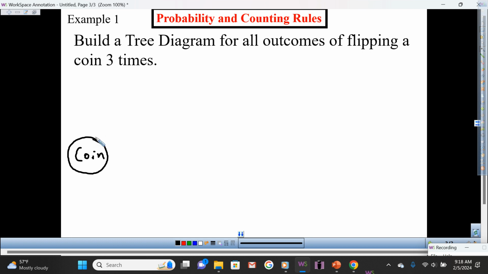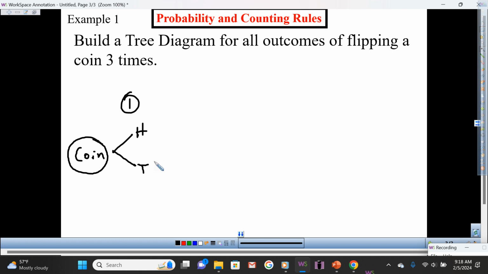All right. So, if you flip the coin once, what are the outcomes? Go ahead, Eddie. What comes up if you flip a coin? Heads or tails.